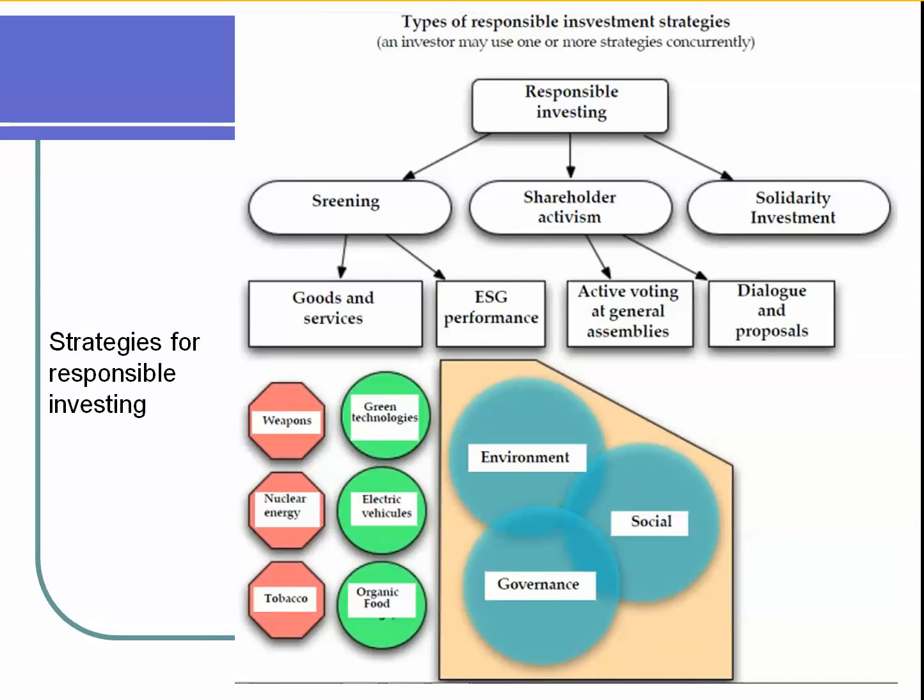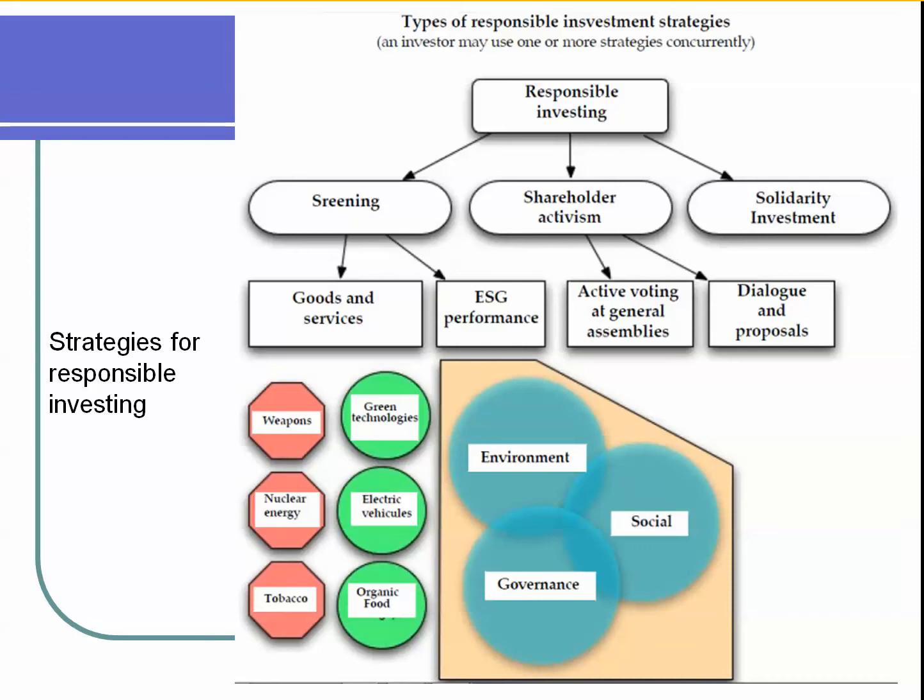So if you screen based on goods and services, you will strive to include companies working in green technologies, electric vehicles, organic food, and you'll avoid weapons, nuclear energy, or even fossil fuel energies and fields like tobacco.